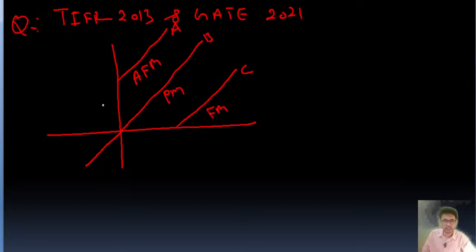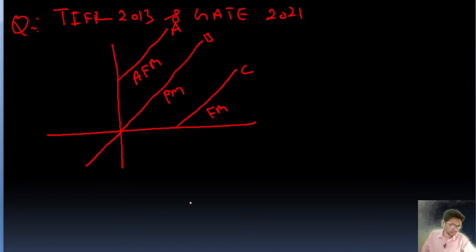So I'm writing the answer directly. We need to choose which graph is for which material. The line passing through the origin is for paramagnetic substance, the line above it is for antiferromagnetic material, and the line below the paramagnetic line is for ferromagnetic material.